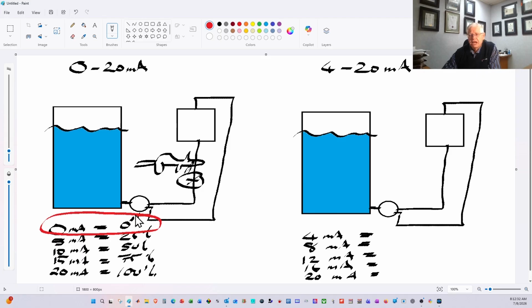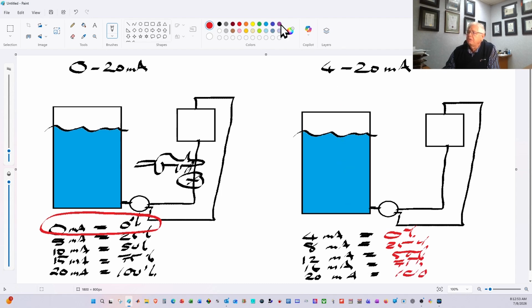On the right-hand side, you can see where we can improve on this. In the case of a 4 to 20 milliamp signal, please have a look at how the 4 milliamps is equal to 0%. 8 milliamps would be 25%, 12 milliamps 50%, 16 milliamps 75%, 20 milliamps 100%.